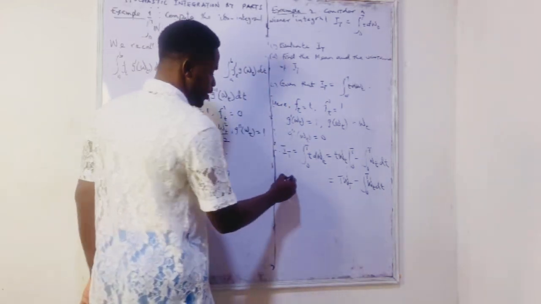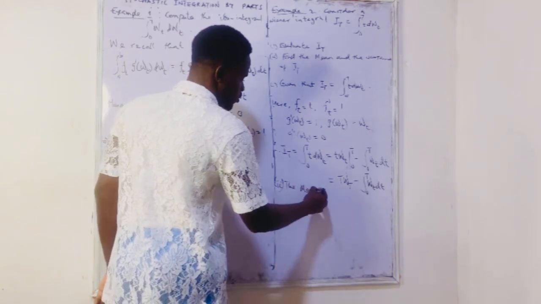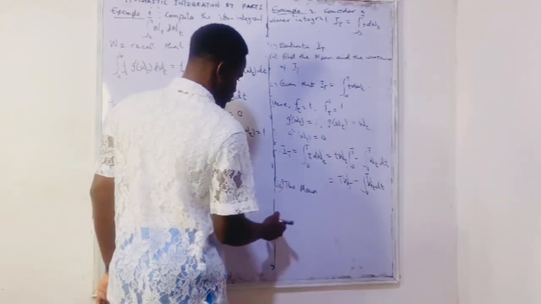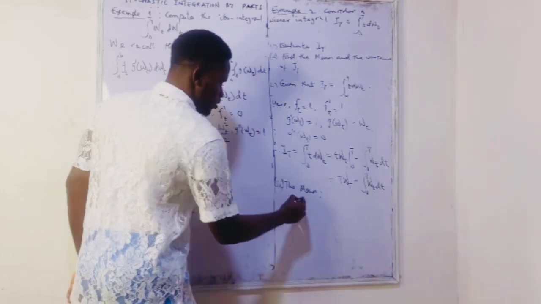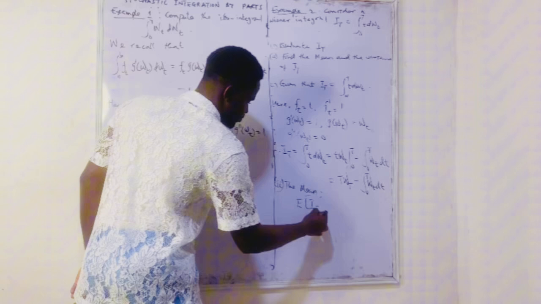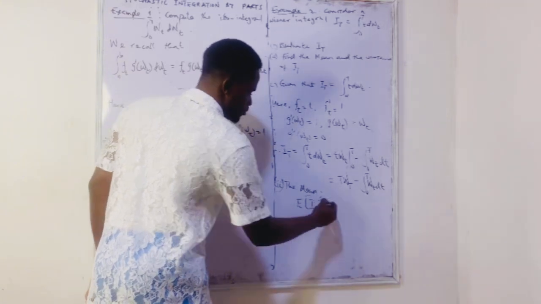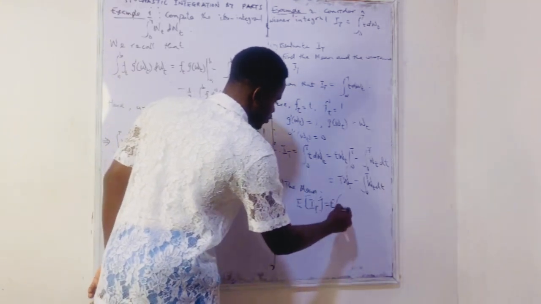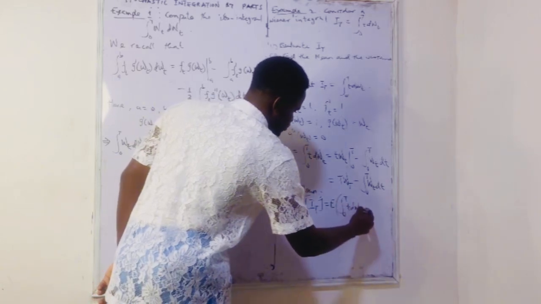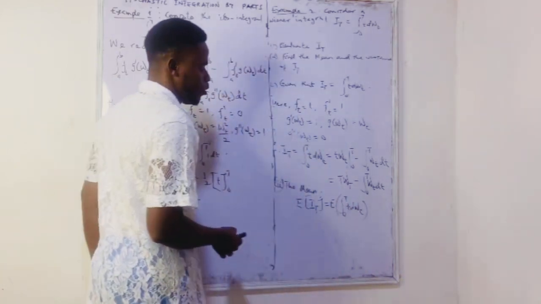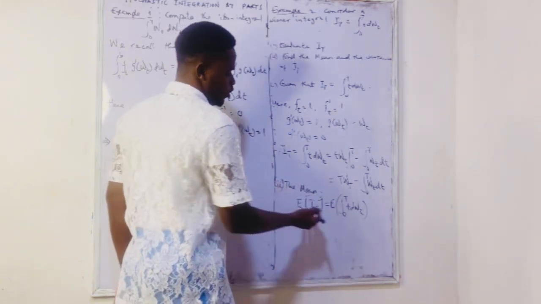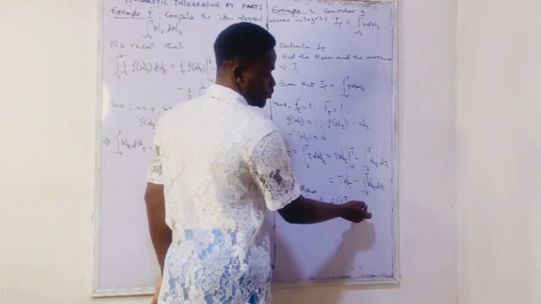We have to compute the mean. And to compute the mean, we are performing expectation on the Ito integral, which is the expectation of the integral from 0 to t of c dW_t. From the Ito integral property, this will actually simply give us 0, because the expectation is acting on the Brownian process.